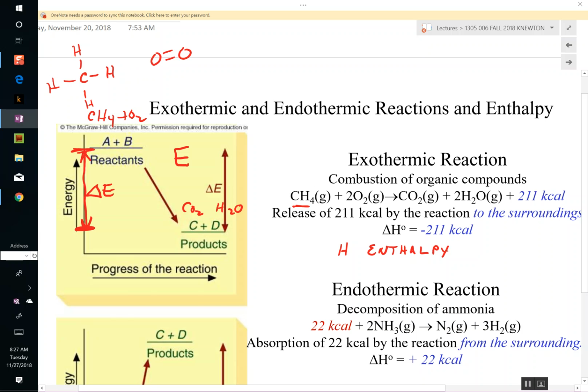So don't get confused. There are times where this delta H and this delta E are going to be exactly the same, and there are times where they're going to be different. Like the mechanical, the car engine. I told you you get 70% heat out of it and 30% work.